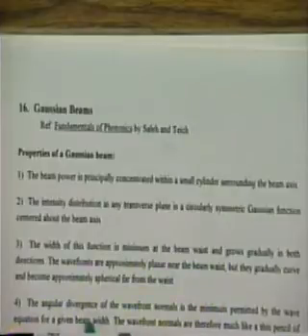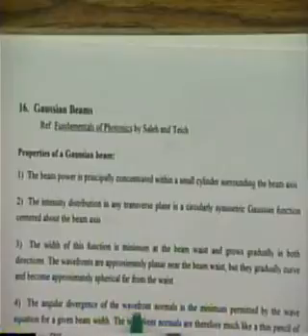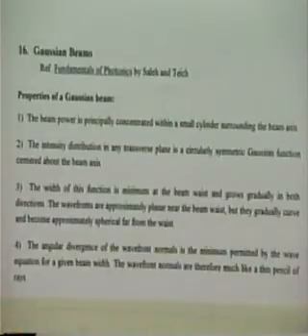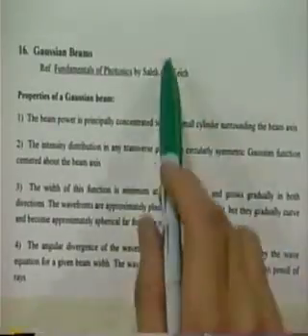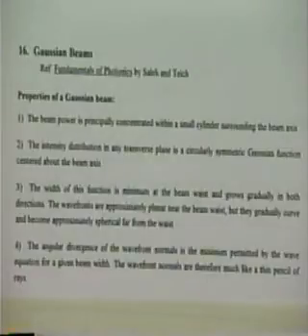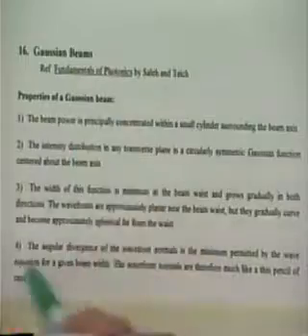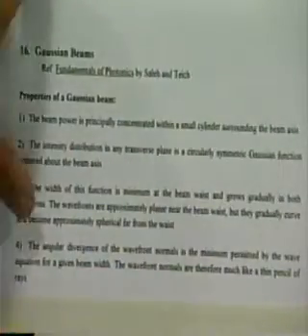The last thing, which I referred to earlier, is that the angular divergence of the wavefront normals is the minimum permitted by the wave equation for a given beam width. They like to call these thin pencils of rays. I don't know if I'd go quite that far. Anyway, these are the four properties of the Gaussian beam that we're going to see. In deriving this, we can start, but we can't get too far in the limited time we have left.